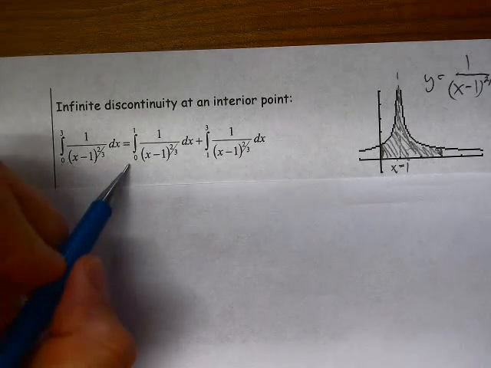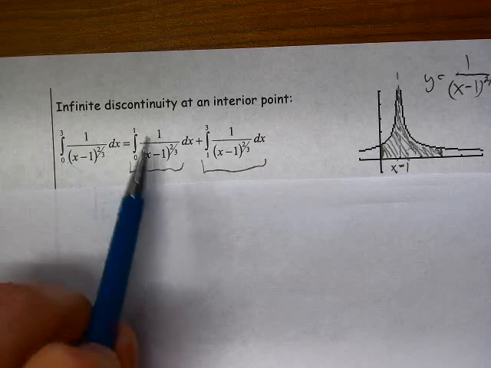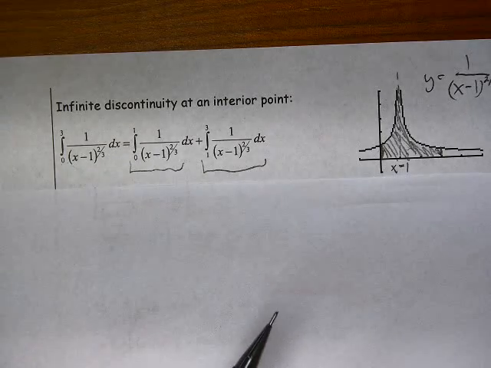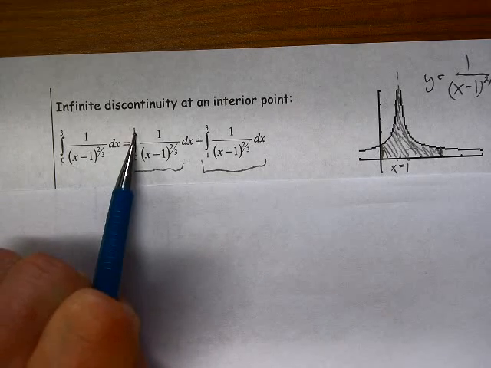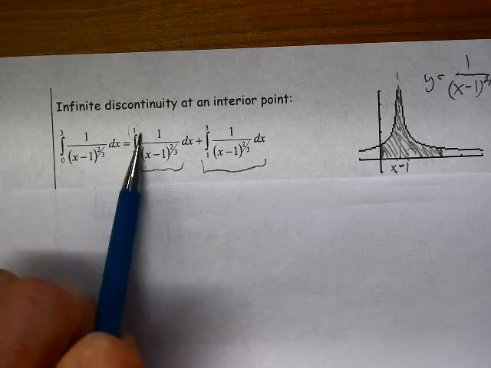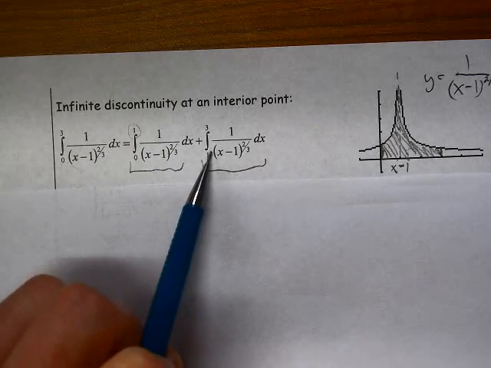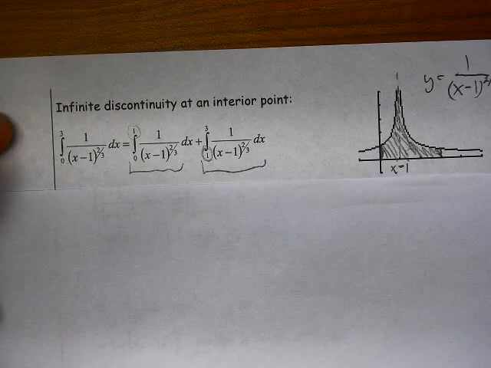And so what I've done now is I have two cases where I'm back to that place where the endpoint is the location of my infinite discontinuity. Right, because the discontinuity occurs at x equals 1. So now I have a discontinuity here at the upper limit of integration, and in this one I have a discontinuity at my lower limit of integration.